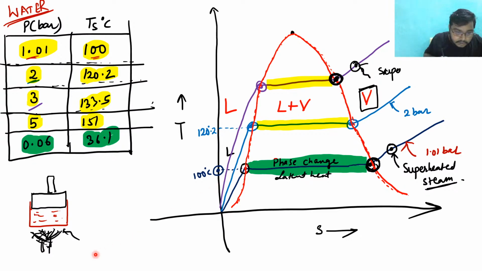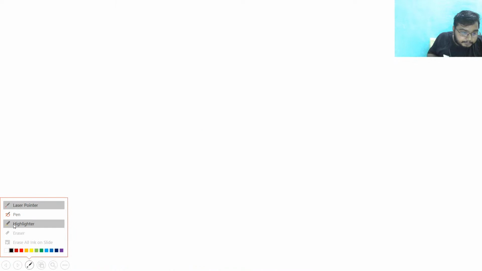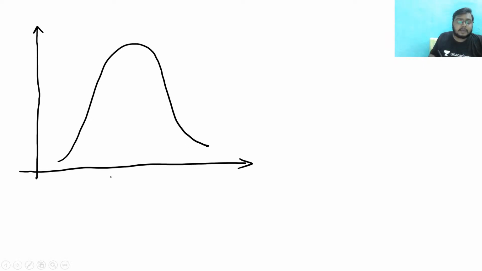See here, if I plot a vapor dome here, now I can plot a vapor dome. You don't have any problem in this. Okay, so this is my liquid vapor dome, and this is the TS plot that I am doing.